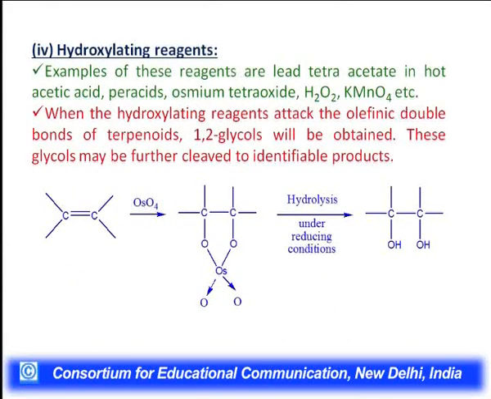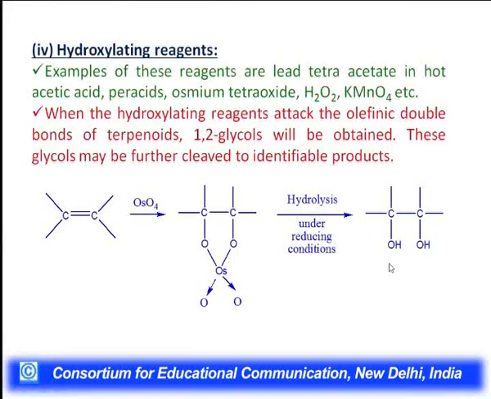Then the next oxidizing agent is the hydroxylating reagent. Examples of these reagents are peracetic acid, peracids, osmium tetraoxide, H2O2 and KMnO4. When a hydroxylating agent like osmium tetraoxide attacks the double bond, it forms a complex which upon hydrolysis gives glycols.